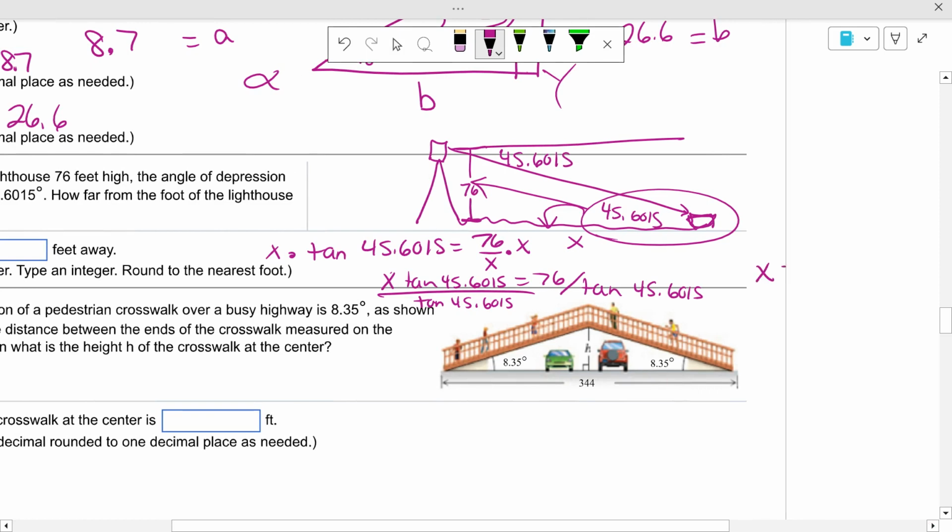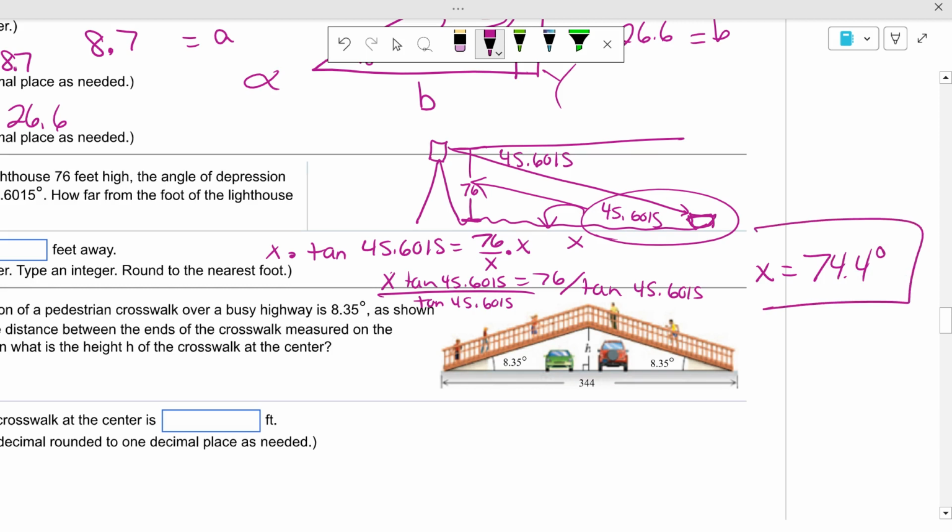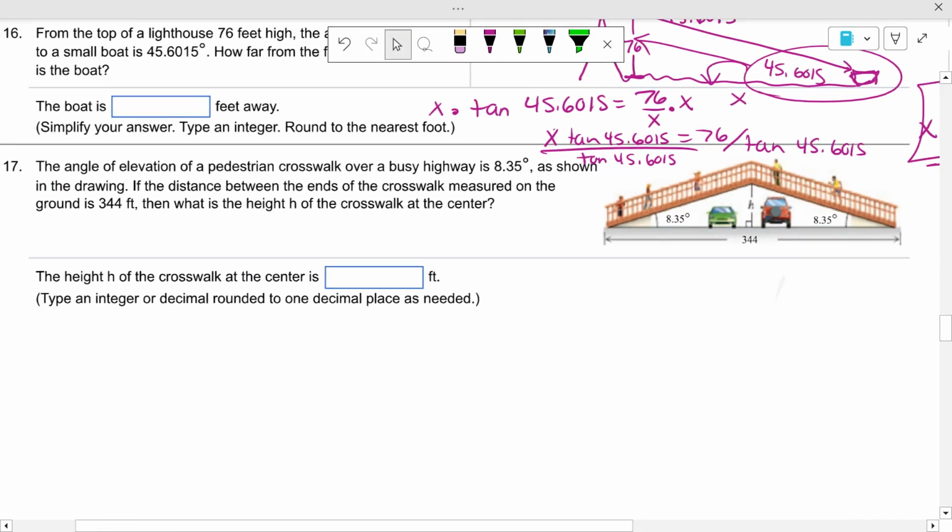So x equals what? 74.4 feet. That's how far it is away. Okay, one last problem.